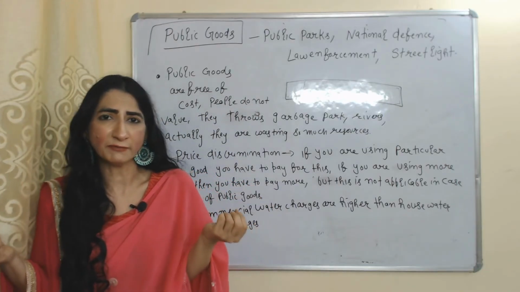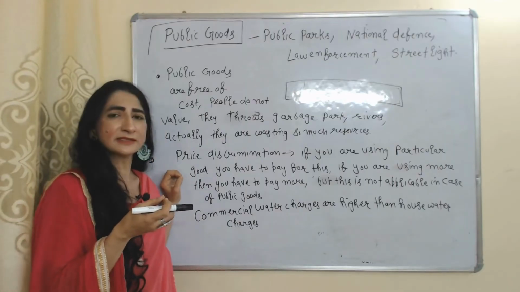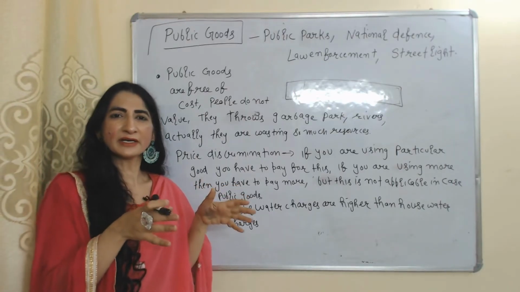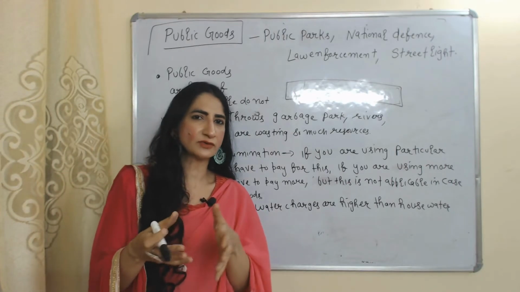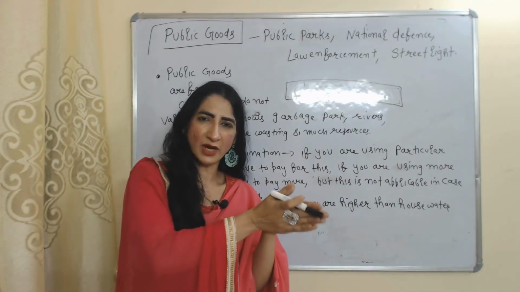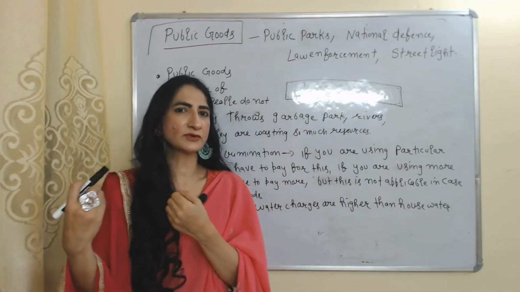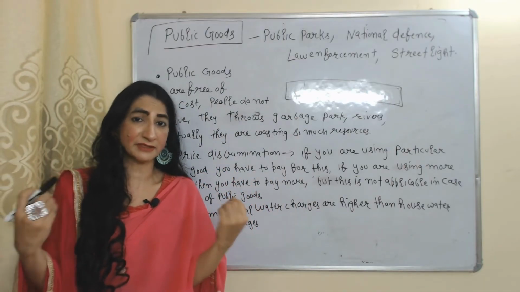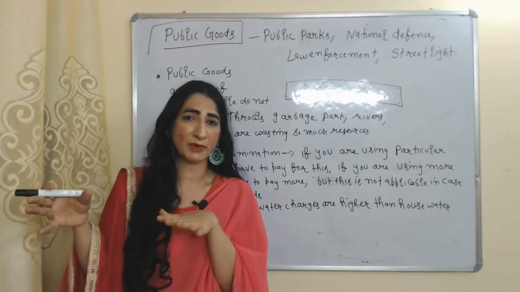Our market will fail. Second thing, price discrimination. According to market mechanism, if you are using something, you have to pay for this. If you are using more, you have to pay more. If you are using less, you have to pay less. But this is not applicable in case of public goods.